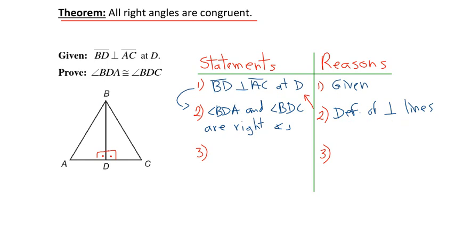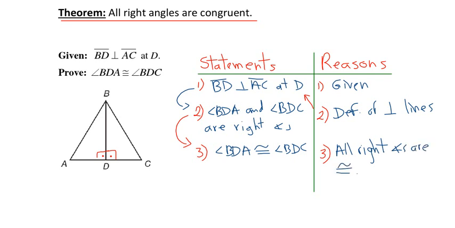And now we have a theorem that says that all right angles are congruent. Therefore, because these 2 are right angles, we could say now that they are congruent because we have a theorem that allows us to write that. So we could write that angle BDA is congruent to angle BDC, and that is because there is a theorem that says that all right angles are congruent.